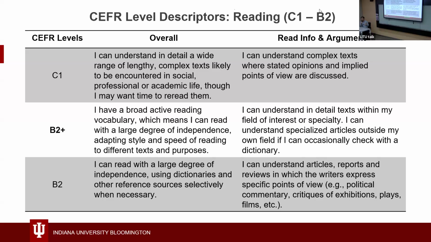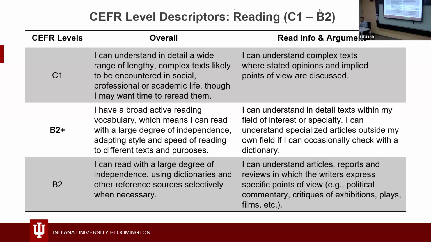But what makes C1 different from C2 is that they need some more time to reread. It's possible that they cannot understand some complex topics from one reading, so they have to read again. If you have to do that, you are C1. If you don't have to reread, C2, right? That's the difference between C1 and C2.